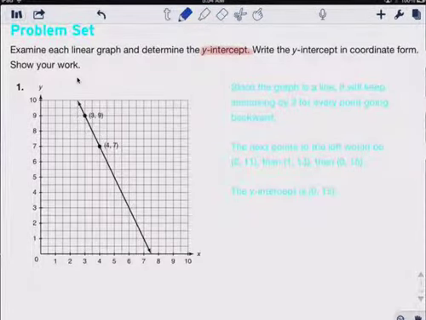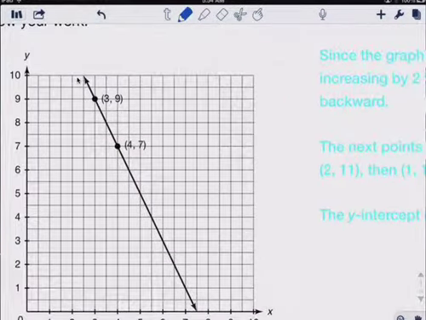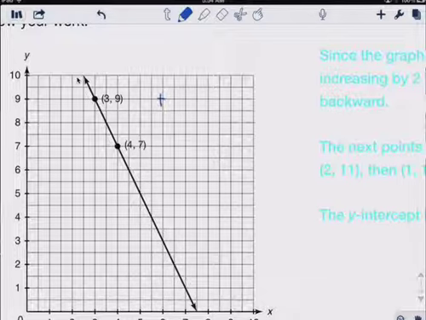And in order to find the y-intercept, we need to find slope. To find slope, we need to use the formula m equals... well, there's two ways to find slope here.